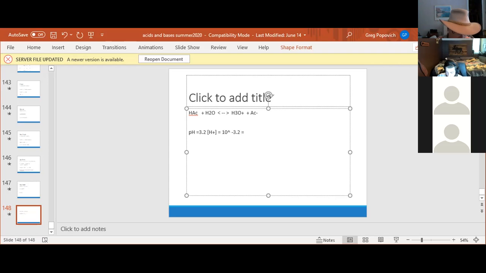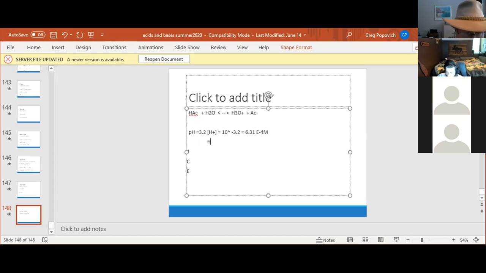I got 6.31 e to the minus 4. Yep, that's what I got. Okay, so that is my equilibrium concentration of my H3O+, right?